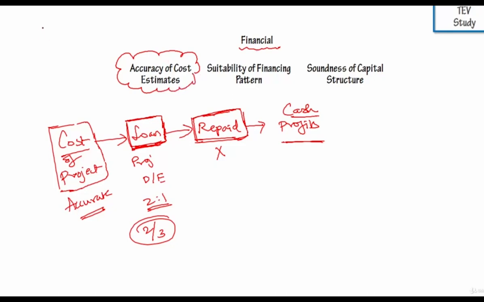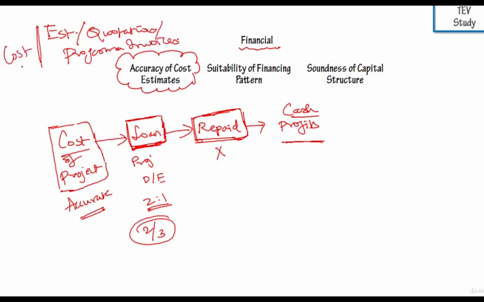because the consultants will be going through the estimates, or say quotations, or the pro forma invoices submitted by the borrower, and they'll give a certification that the costs are reasonable.